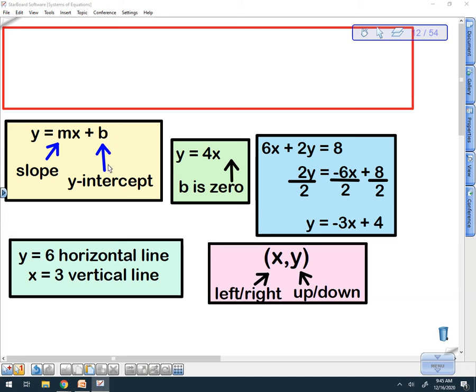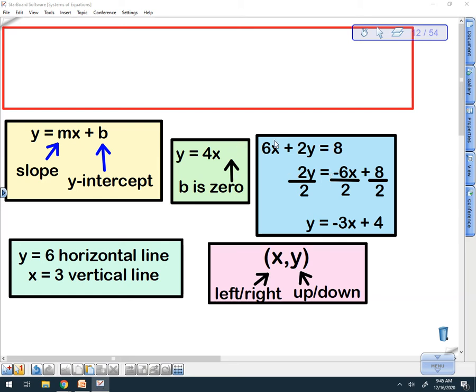The number in the back is your y-intercept, so that's going to tell us where it's going to cross the y-axis. So this helps us graph our lines. If you get an equation where the number in the back is missing, that's because the b is a 0. So if you want to write +0 there, that can be helpful.